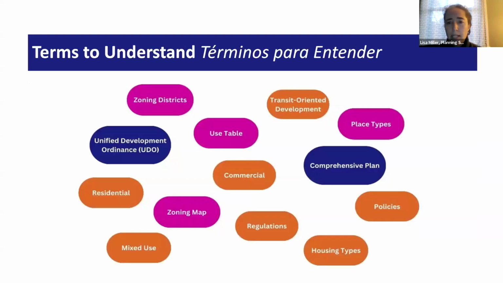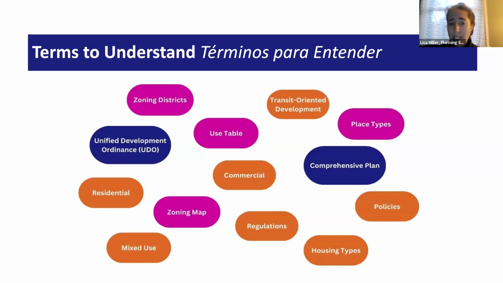So we want to talk a little bit about a few other common terms. We will be sharing a number of links to materials that are posted on the website. One of those is Terms to Understand, which has more of the terms on the slide here. But we just wanted to share a few definitions as we get started that are essential. We've already talked a little bit about what the comprehensive plan is and what the Unified Development Ordinance is.